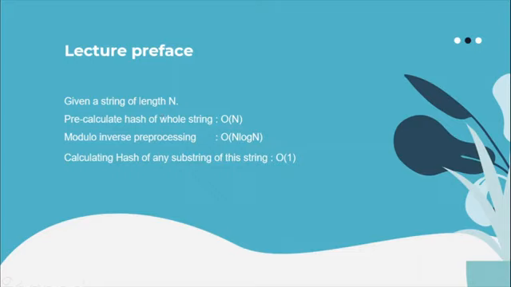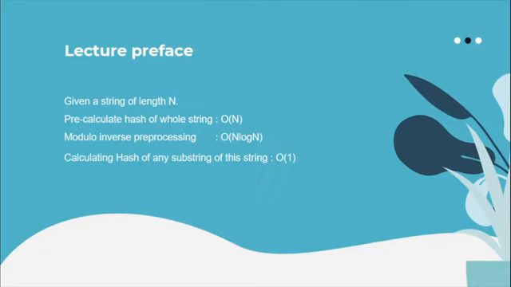Suppose you have a problem statement where there is a given string and q queries, and each time you are required to calculate the hash value of a given substring of the original string.